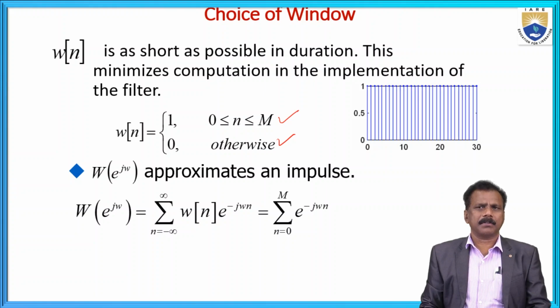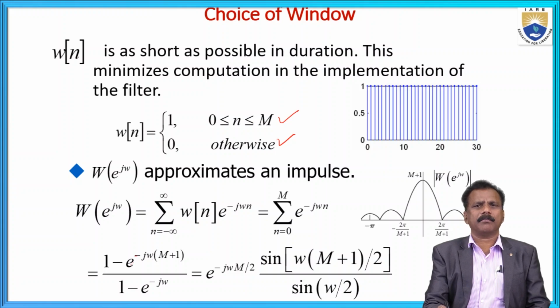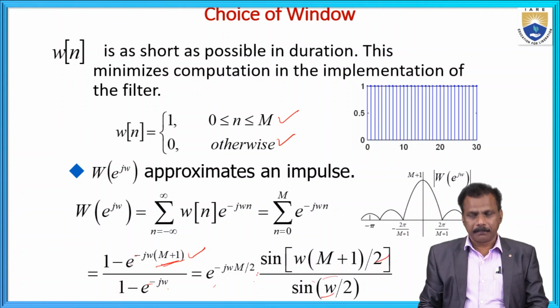It is also equal to the summation from n equal to 0 to M of e power minus j omega n, like this, where W of e power j omega is equal to 1 minus e power minus j omega (M plus 1) by 1 minus e power minus j omega, which is equal to e power minus j omega M by 2 times sine of omega (M plus 1) by 2 over sine of omega by 2.